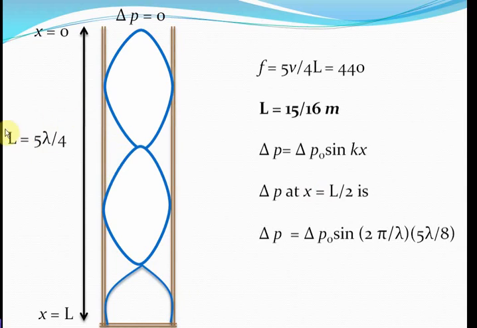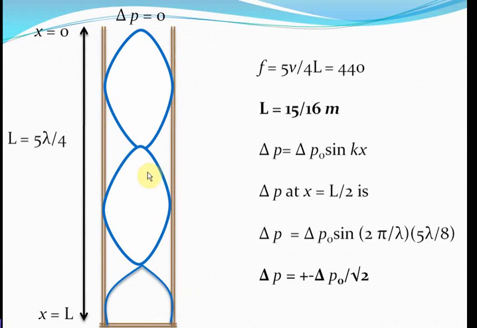That is why x equal to L by 2 has become x equal to 5 lambda by 8 here. After simplifying, we get delta P is plus minus delta P naught divided by root 2. So that will be the value of the change in pressure here in the middle of the closed organ pipe.